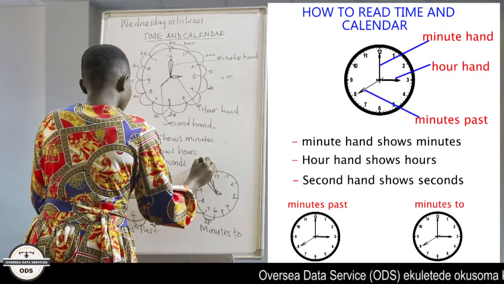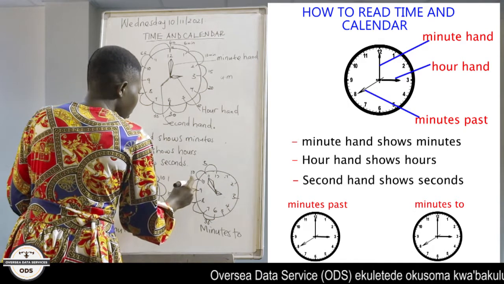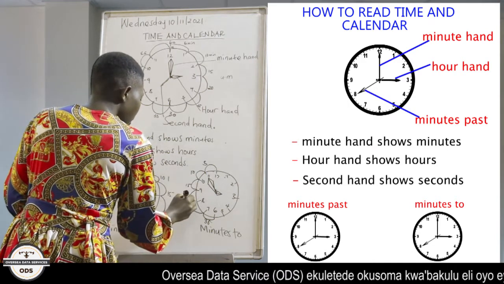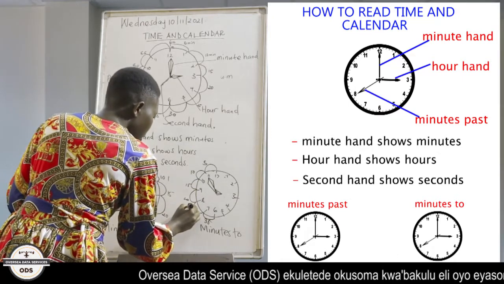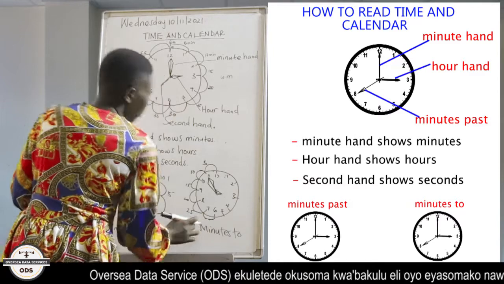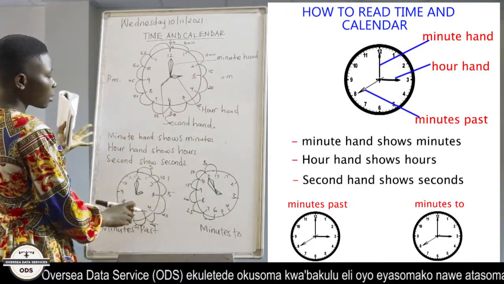Okay, let us begin from up. 5, 10, 15, 20, and lastly 25. We have here 30. Okay, this one we were counting in the clockwise direction.